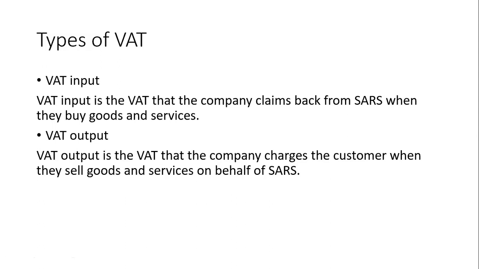This amount is going to be claimed back from SARS. And then we have VAT output. VAT output is the VAT charged to customers that buy from the company. So when the customers buy, we charge them VAT output. And this VAT output is being collected on behalf of SARS by the company. So this amount is being paid over to SARS, right?